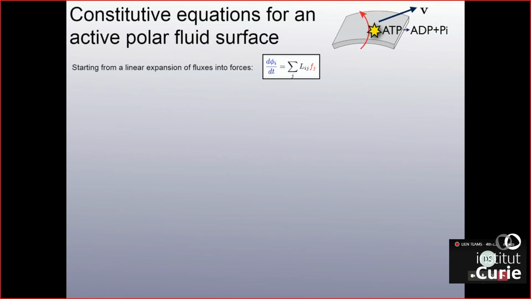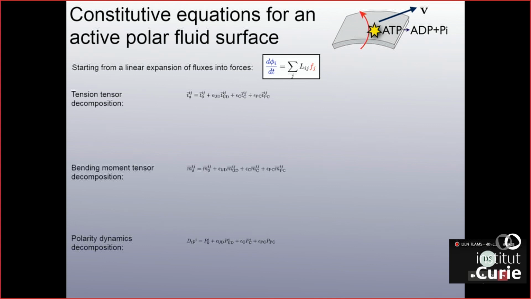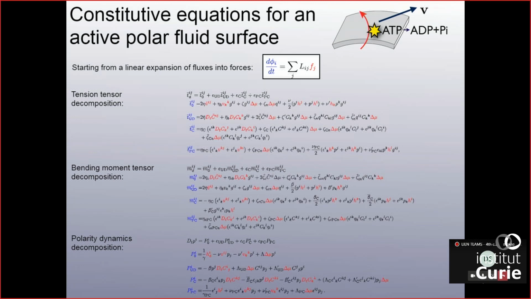Okay, and then I follow this recipe and expand the fluxes into forces. So, for instance, I can expand the tension, the bending moment tensor, and the polarity dynamics into their contributions. And here I find again this epsilon, which is non-zero only if the surfaces have the appropriate broken symmetry. For instance, this term can only exist in a surface that has up-down broken symmetry. Okay, and then I write all the possible terms that couple the fluxes to forces, and you can see that there are many of them.